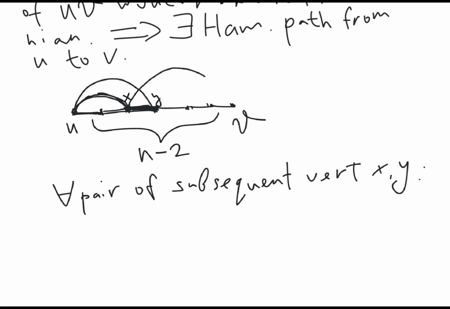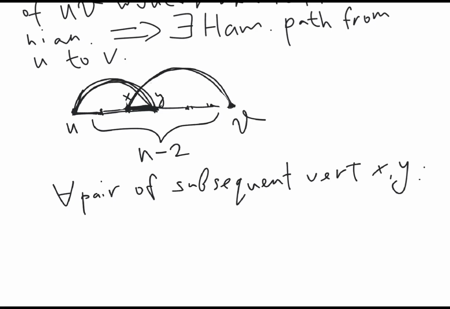Among these four possible edges, not all of these, consider only these two: from x to v and from u to y.